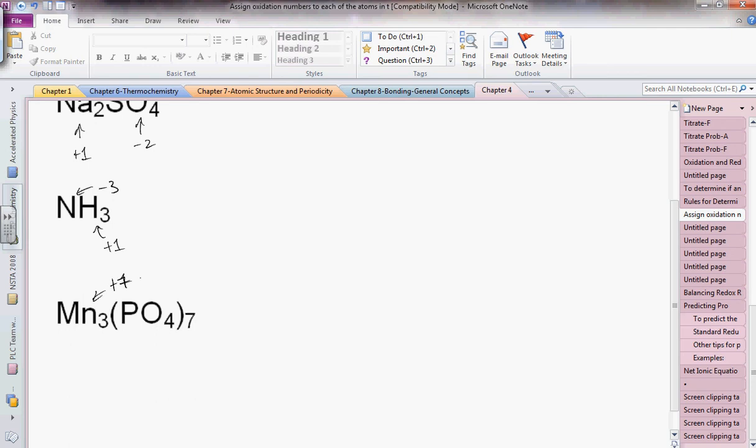Phosphate, we have these 4 oxygens, which are -2. Again, you have a choice here as far as how you want to play this. You can say we have 3 +7 manganese ions, which gives +21, plus we have -2 oxygen ions.